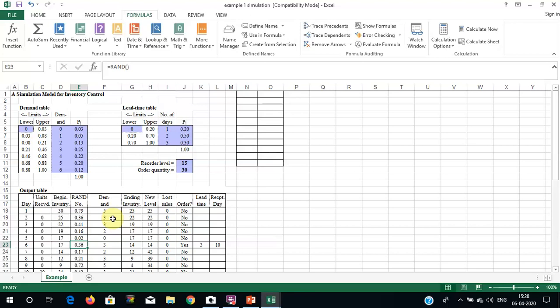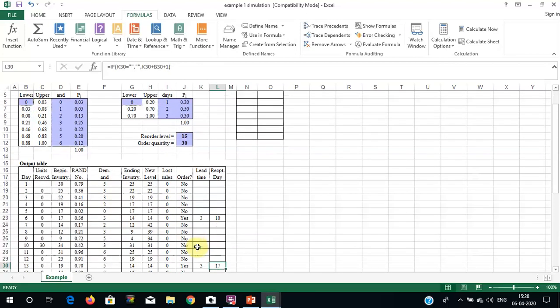Now here, you look up this random number. And equally, lead time is given as 3 days, and the receipt. So if you place an order on the 6th day, lead time is 3 days, you will get it on the 10th day.